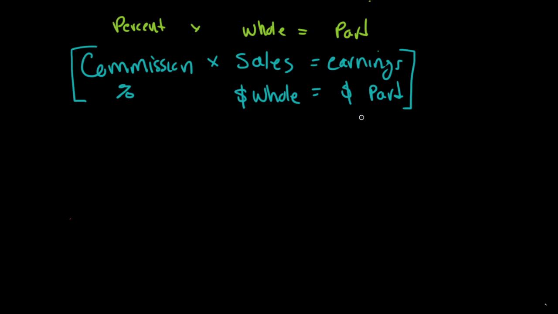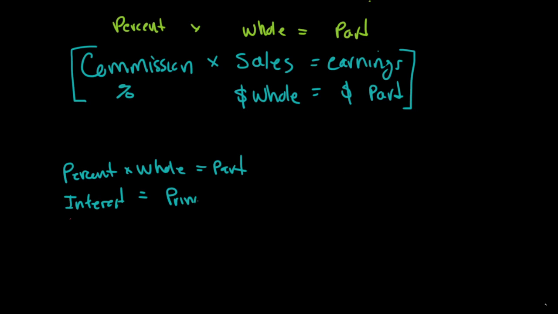So when we run it down to the multiple different equations, really the 3 main equations that you need to memorize are the basic percent formula, which is percent times the whole equals a part. The simple interest formula, which is calculated with the interest equals the principal, which is the whole amount, times the rate times the time.